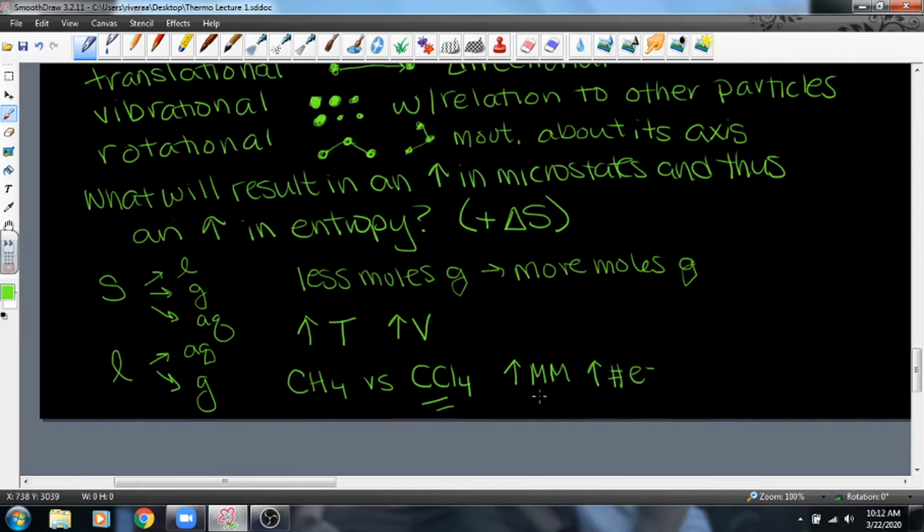So when you have an increase in molar mass and number of electrons, you're going to have an increase in disorder or microstates. And if you're talking about a sample, simply an increase in the number of particles in that sample. If you have a sample that's 5 grams versus a sample that's 10 grams, you've got many more particles in the heavier sample, so you're going to have an increase in the disorder or messiness of that system. Now I think I've talked about all of the things that can possibly increase entropy.